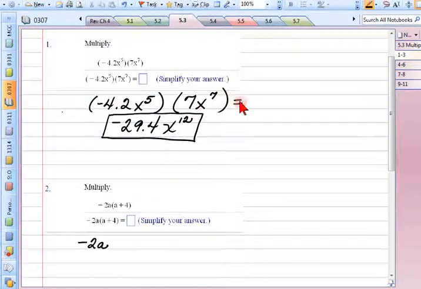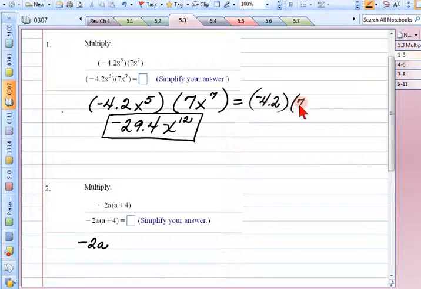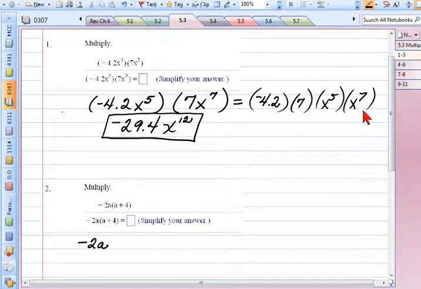What you might not be seeing is this. I'm going to use the commutative property, and I'm going to say that's negative 4.2 times 7 times x to the fifth times x to the seventh. All I did was reorganize this product of 1, 2, 3, 4 factors. Now, if I multiply those, I get negative 29.4.